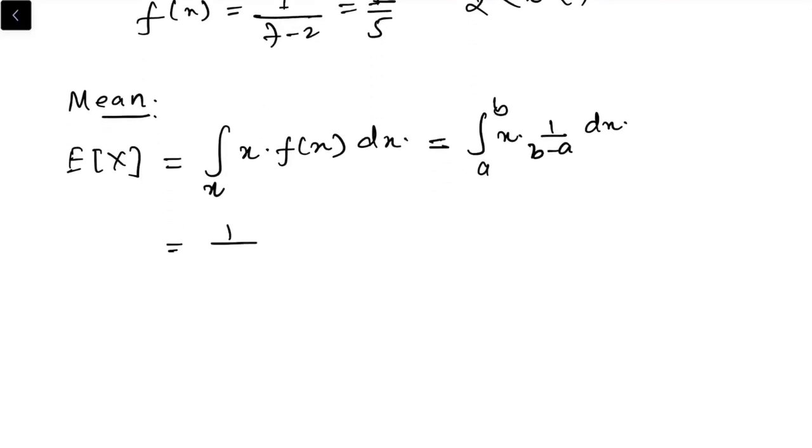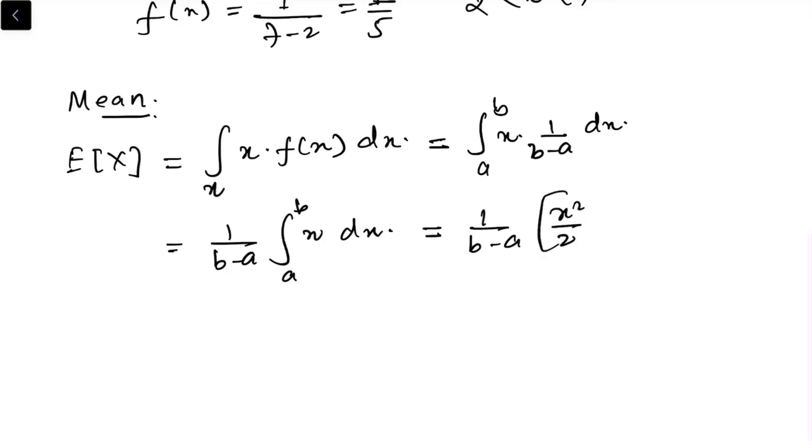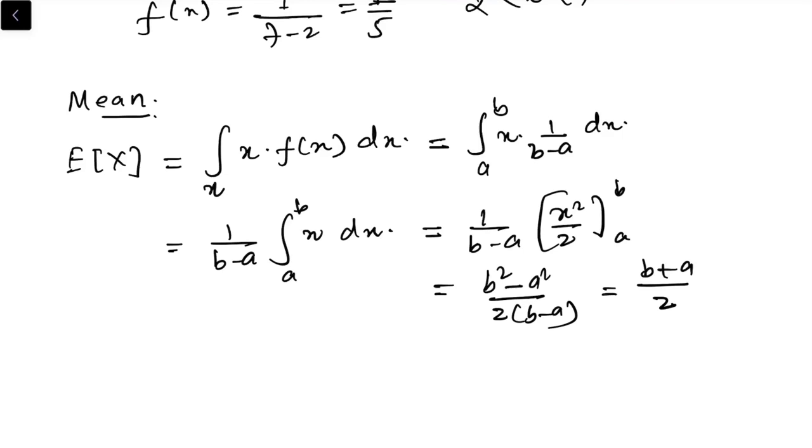We can take 1 over b minus a outside of the integration, and then the integration of x dx is simply x squared over 2, and the range is a to b. So this is b squared minus a squared divided by 2 times b minus a. We can cancel out b minus a, so the expectation is the midpoint of the range, b plus a divided by 2.